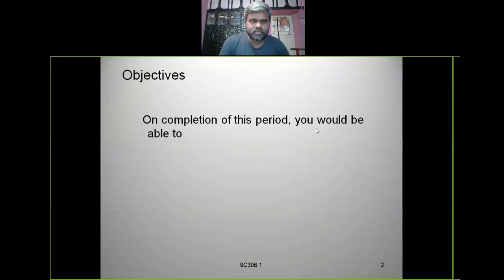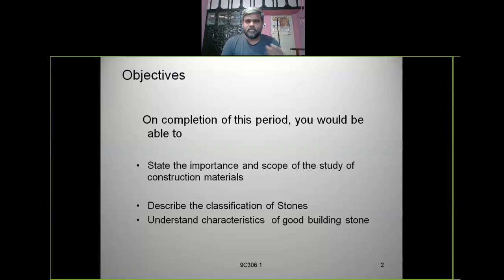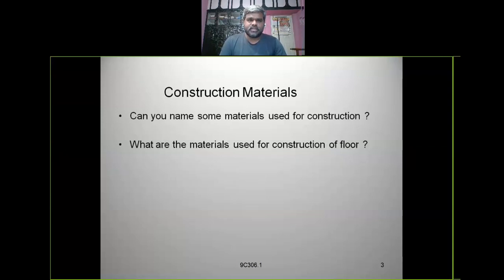The objectives of this: on completion of this, you have to know and state the importance and scope of construction materials, the classification of stones, and understand the characteristics of good building stone, right? Construction material: can you name some construction materials used for construction?